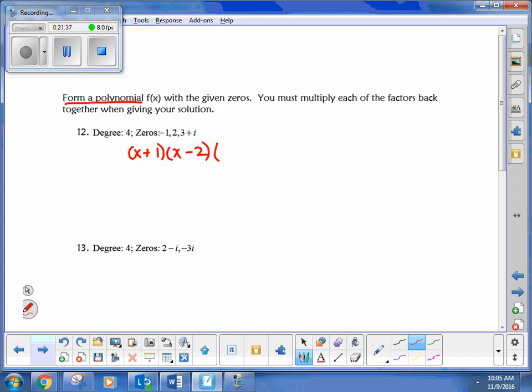Well, this is one thing that's important. There's actually only 3 zeros in the 1, 4. There's a 3 minus i here. So then this is going to be x minus 3 plus i, and we're going to also have an x minus 3 minus i.